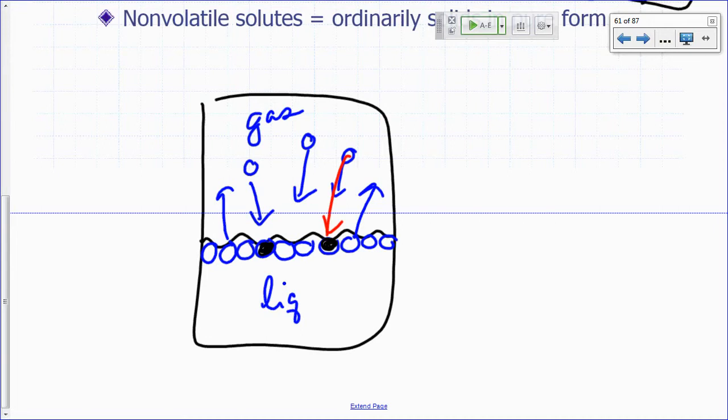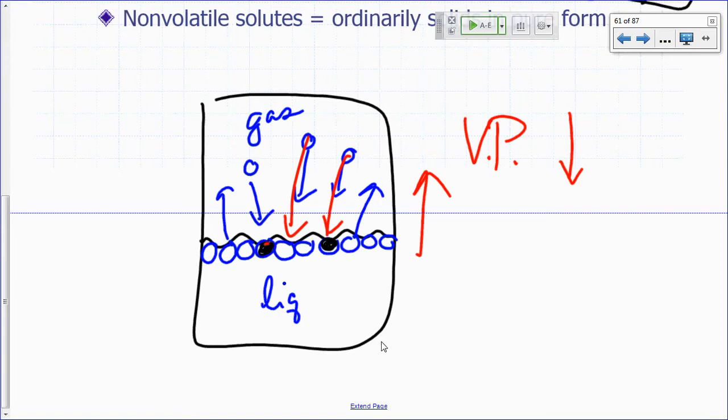They can still land wherever they want, but the takeoff sites for the water molecules to go from liquid to gas have been blocked. Only 80% of the takeoff sites remain. So what do you expect? The tendency for the liquid to go to the gas phase has been lowered. And so the net result is, when equilibrium is reestablished, the vapor pressure of your liquid is going to drop.